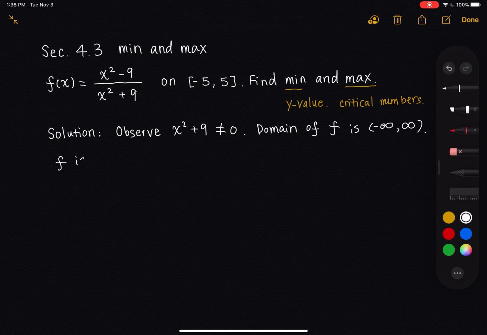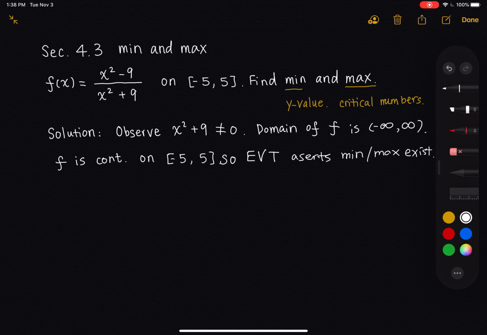So f is continuous on its domain, and in particular continuous on the interval that's given to us, -5 to 5. So the extreme value theorem asserts that the minimum and the maximum exist. Okay, so now we know they exist, we can continue on the procedure.